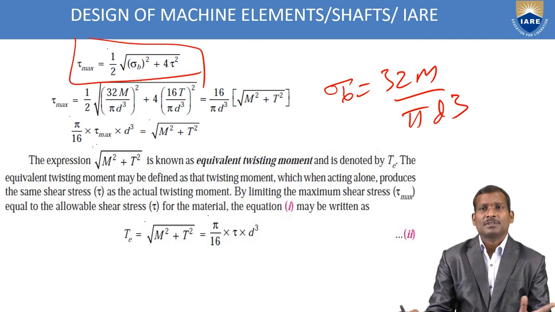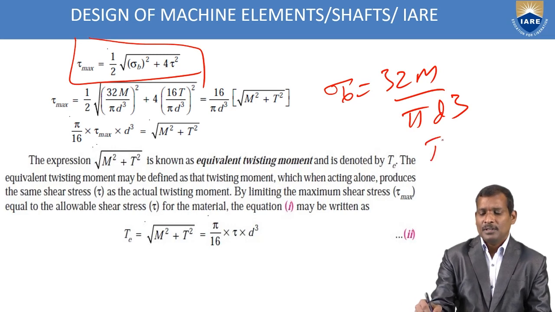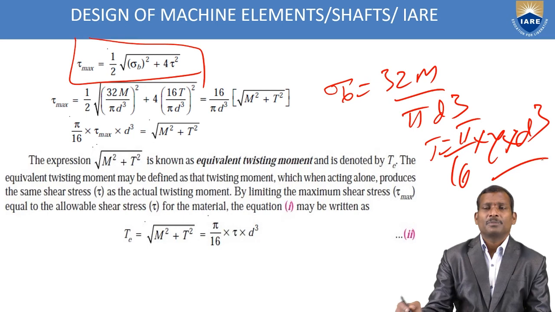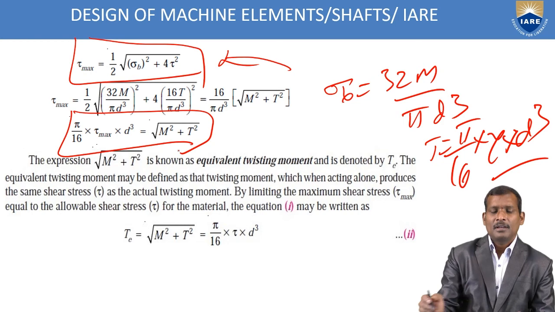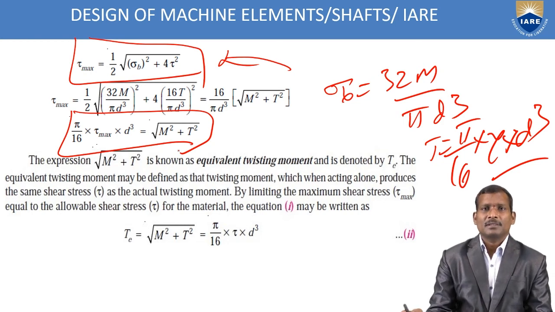T is equal to pi by 16 tau into d cube. So substitute these two values in this equation. So we will get the final equation: pi by 16 into tau max into d cube is equal to square root of M square plus T square.